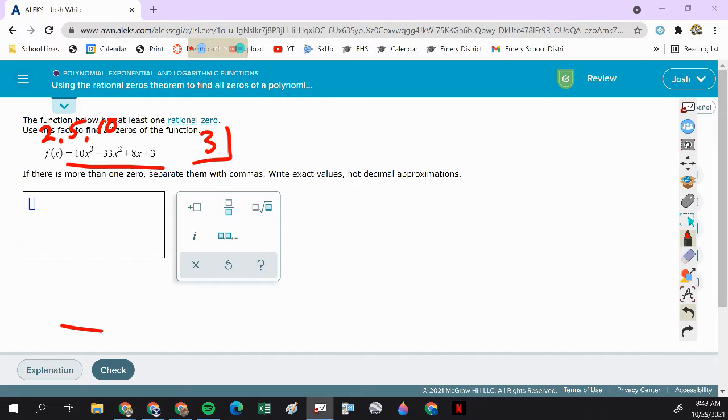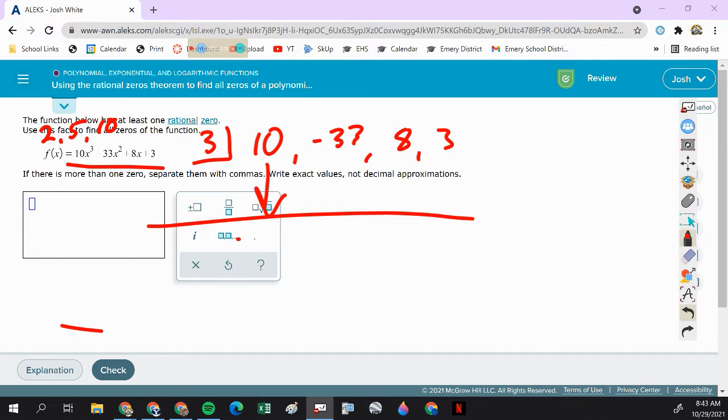Nope. 10, -33, 8, and 3. 3 times 10 is 30. -33 plus 30 is -3, which gives me a -9, which gives me a -1, -3, and 0. So I now know one of the roots is 3.